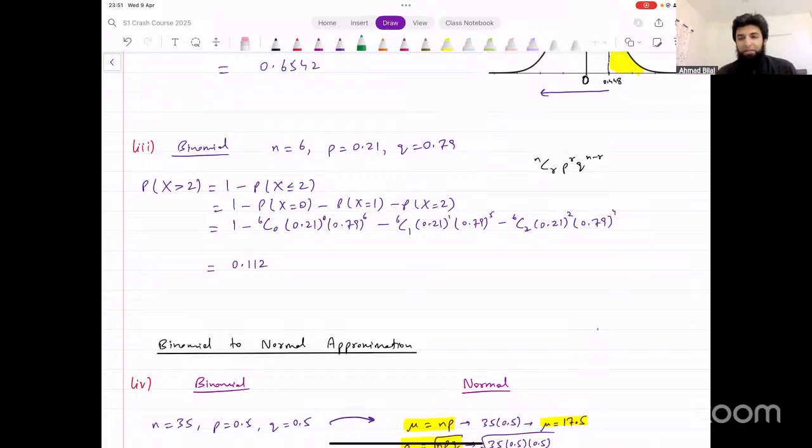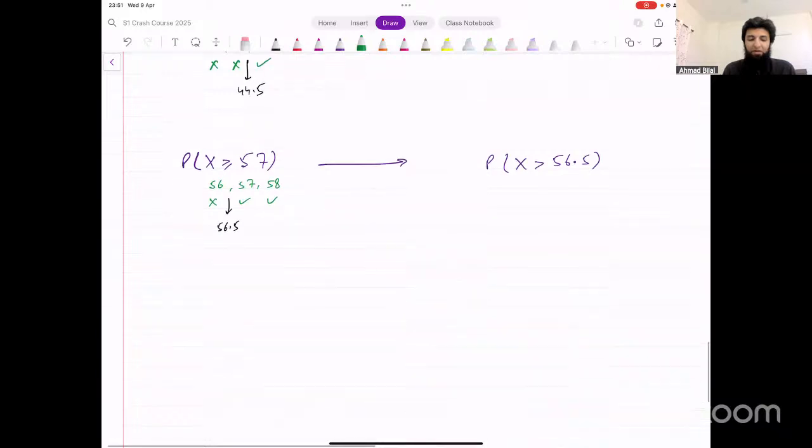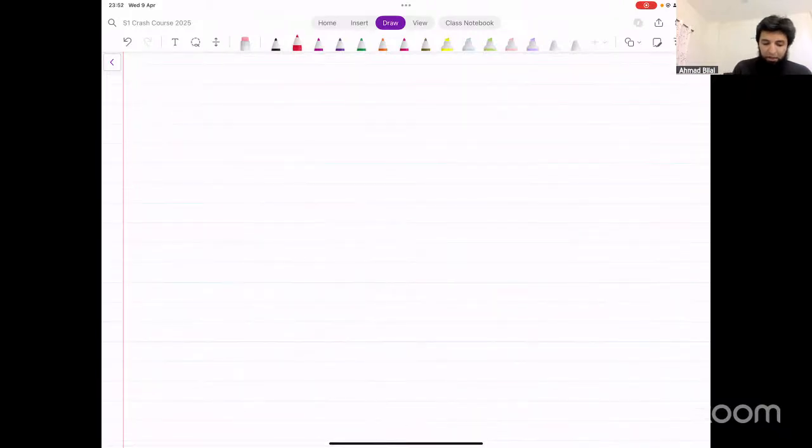There's a condition for using binomial to normal approximation. Let me write that down here. Remember I said in practice, if the data is very large, you can convert that to a normal distribution. Now, how do you define large? What's the cutoff for being large? The convention that we use in Cambridge is this.